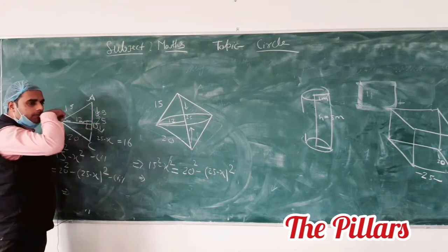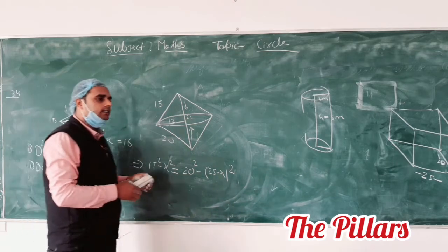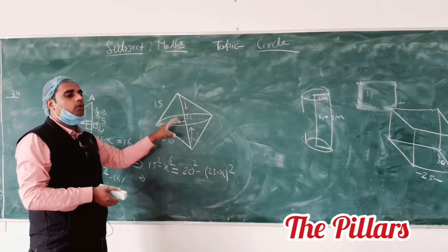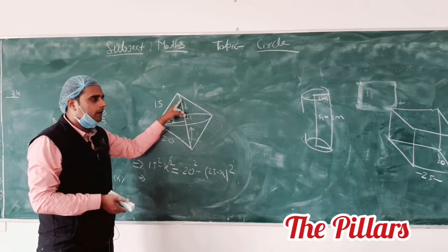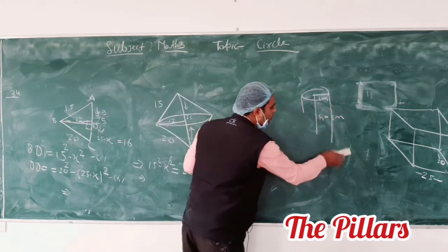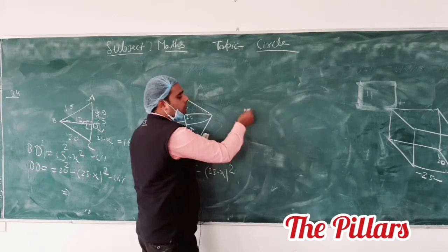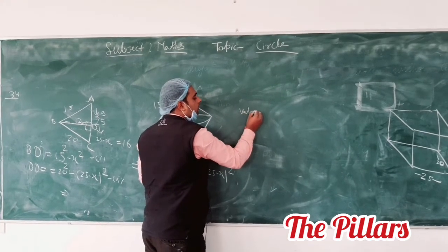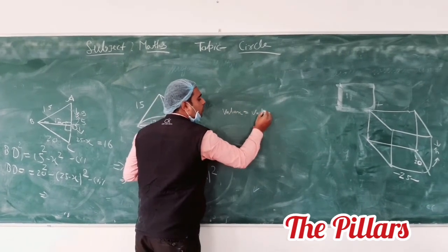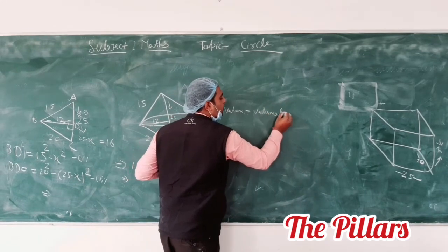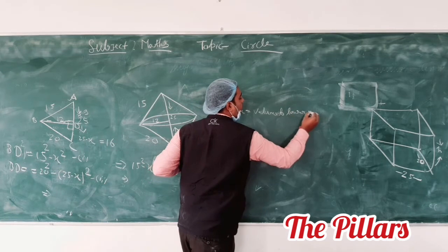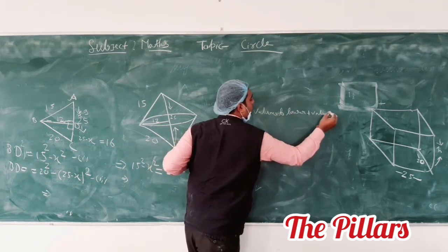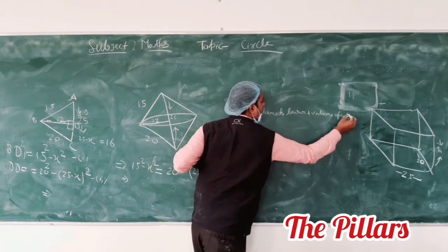Till here, does anyone have any problem? Now the question asks: what is the total volume? The volume of the lower part plus the volume of the upper part. Volume equals volume of lower cone plus volume of upper cone.